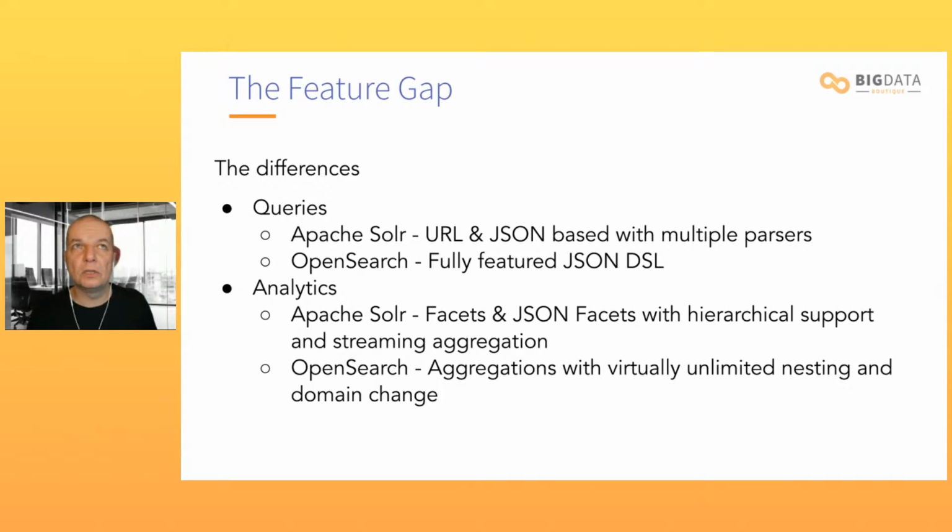Some people tend to like what Solr provides. Usually, those guys or girls who actually worked with Solr for some time and are not very keen on a bit more verbose language that you need to use when it comes to talking to OpenSearch. But OpenSearch, at least in my opinion, gives you slightly better control and it's easier to read, especially when you are not that experienced with the search engine.